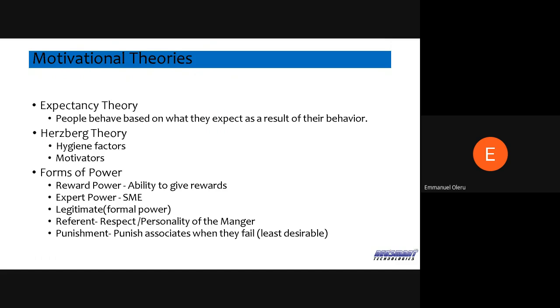So it's more of saying that effort will drive performance, performance will give me reward, and the reward will then give me value. Basically, people behave based on what they expect as a result of their behavior. Then we also have forms of power, which is more like telling you about different forms of power that people will.